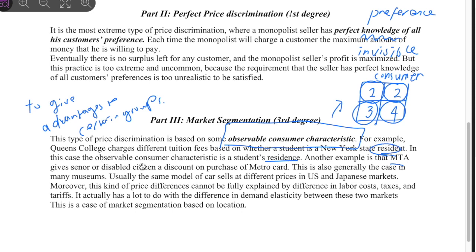And in the case of the MTA, it gives senior or disabled citizens a discount on the purchase of the MetroCard. So again, we're giving advantages to seniors or the disabled. And we also have parking lots pre-reserved for disabled people or seniors.